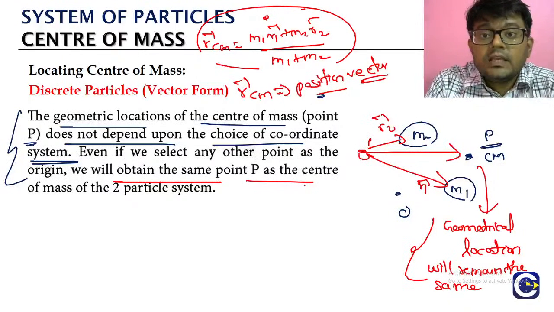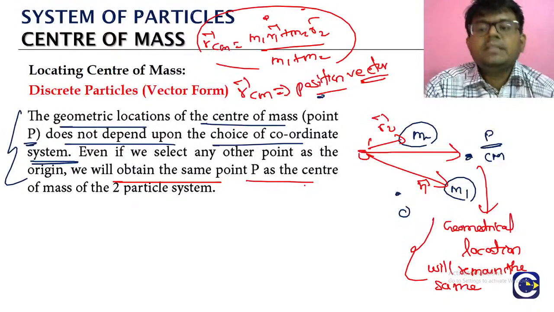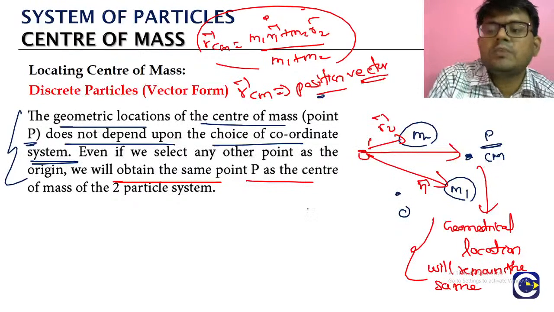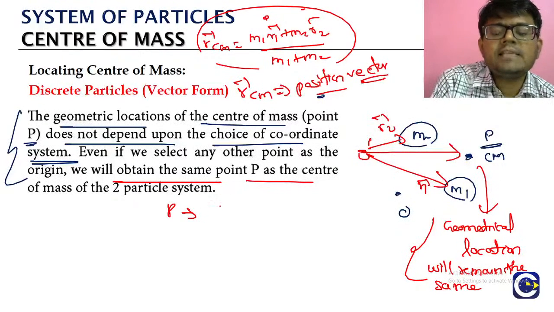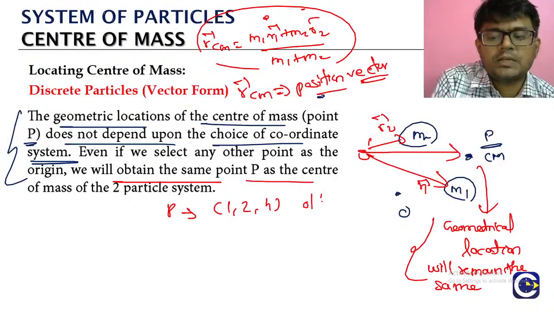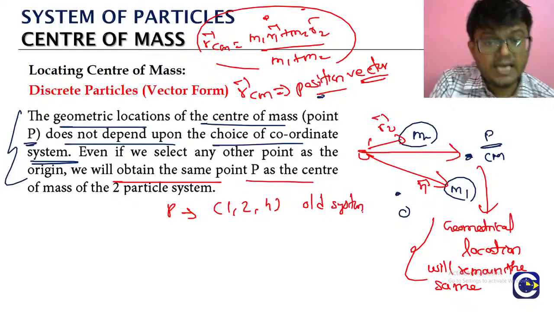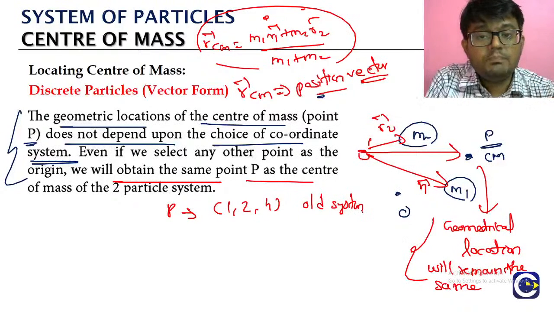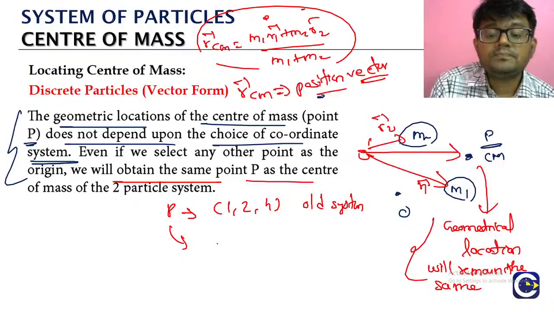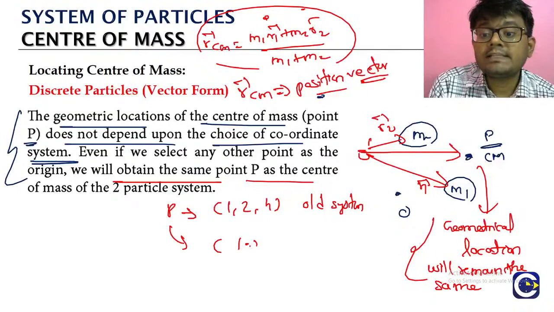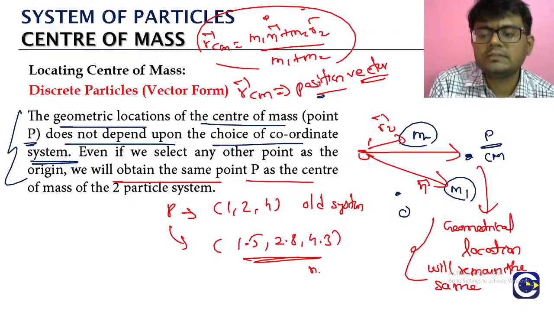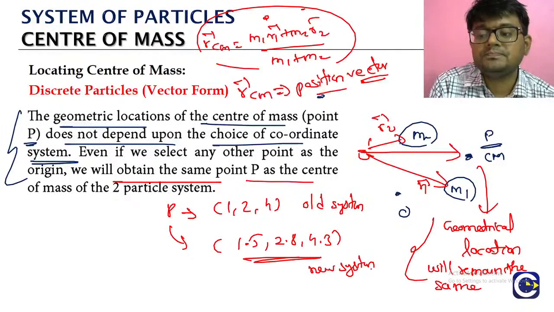But in the new coordinate system, I'm just giving you one simple example, as per the old coordinate system P has the coordinates 1, 2, 4. The new system might have the P coordinates as maybe 1.5, 2.8, 4.8, some numbers as per the new system.